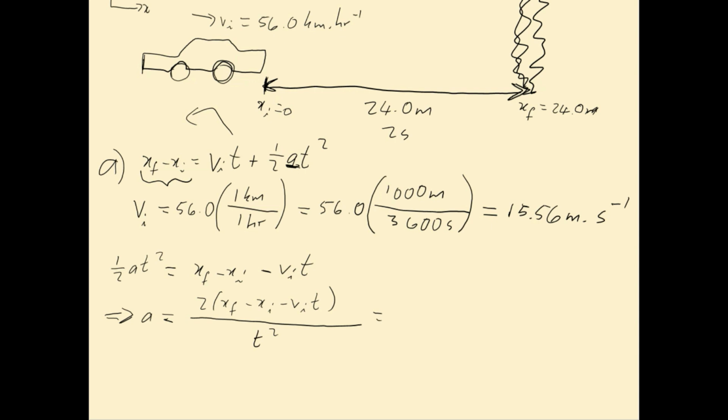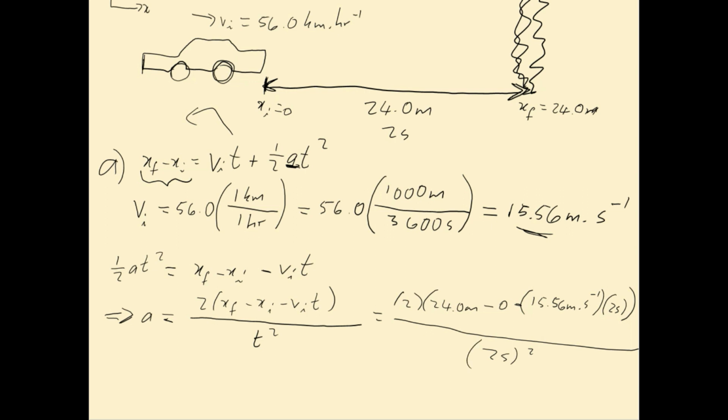We should be able to plug this in, so we've got 2 times xf, which is 24 meters, minus 0 meters, minus the initial velocity we calculated over there, 15.56 meters per second, multiplied by the time, which is 2 seconds. And all this is in brackets, just excuse all those brackets there. And then we're dividing everything by 2 seconds squared.